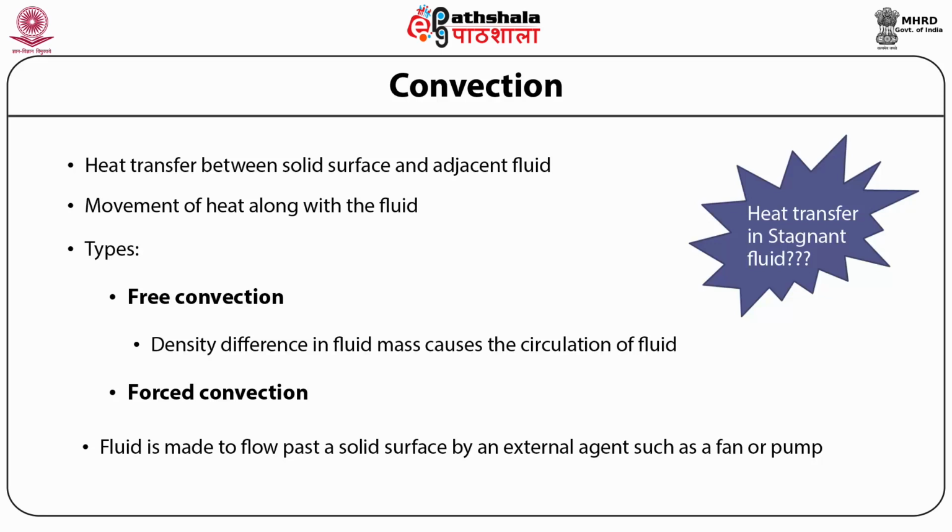Since fluid is a carrier of heat, the faster the movement of adjacent fluid, the greater the rate of heat transfer. That is the reason why forced convection is better than natural convection in terms of heat transfer. You can see the demonstration here.